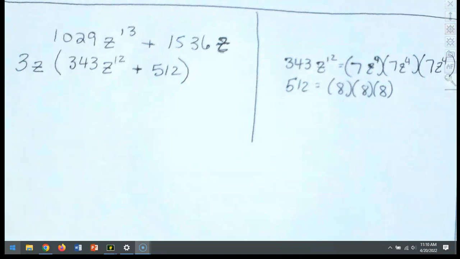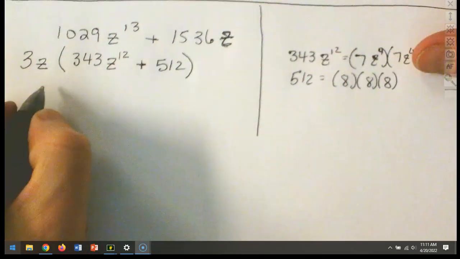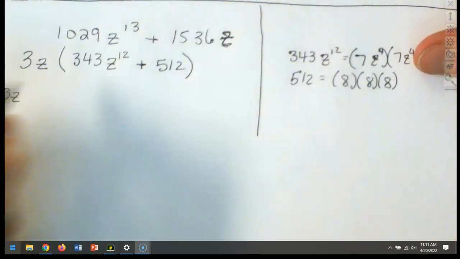I'll slow down a bit so we can get caught up here. Okay, so we figured out that we had to factor that 3 out. We know it is a sum of cubes. So how do the signs go for the sum of cubes? Well, for the sum of cubes, you can look back at your formula if you need to.